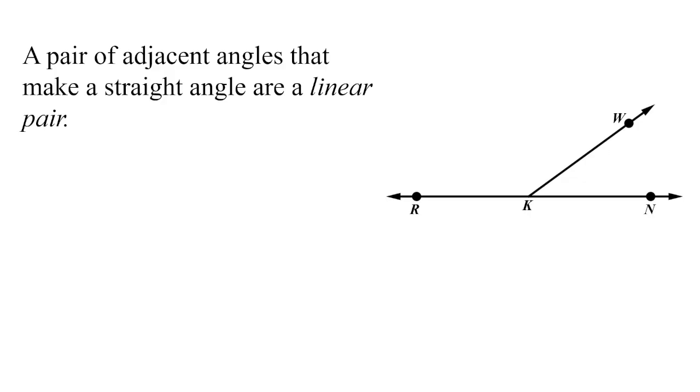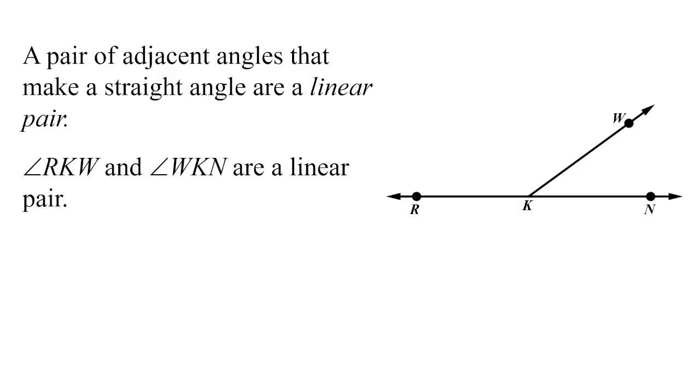A pair of adjacent angles that make a straight angle are a linear pair. So as you can see, angle RKW and angle WKN are a linear pair. They make a straight angle together. Now, as you recall, the measure of a straight angle is 180.